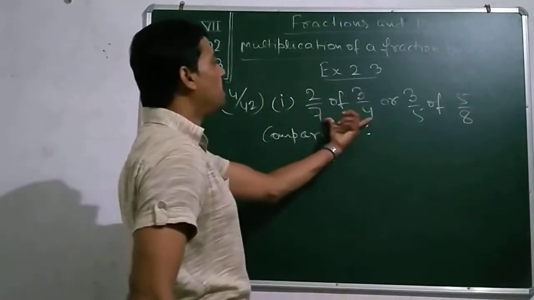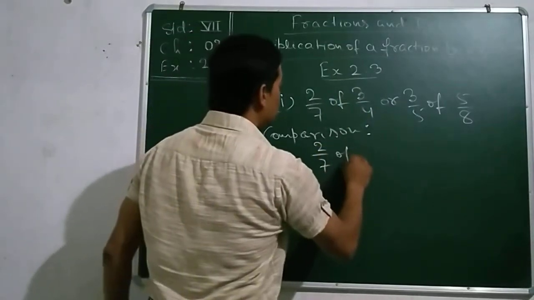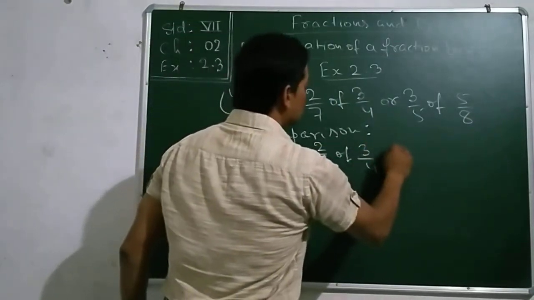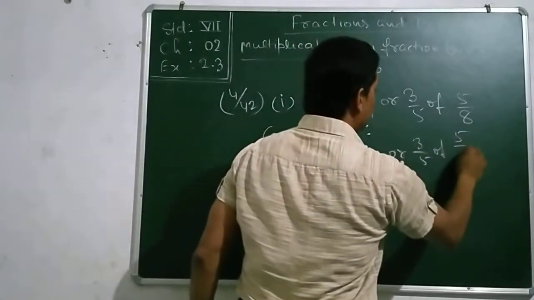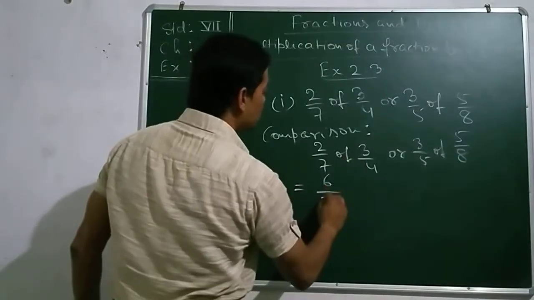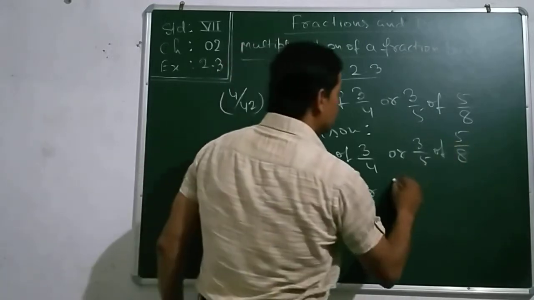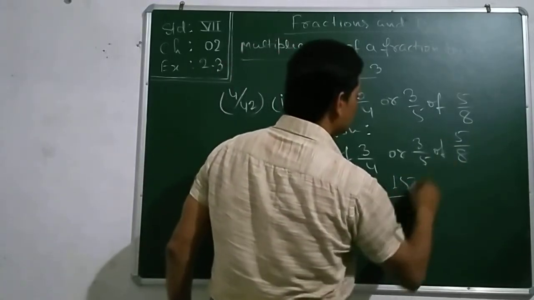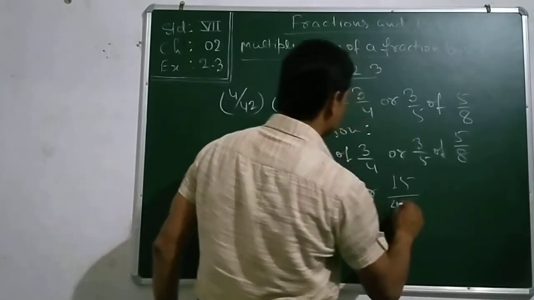So this part will result in 2 by 7 of 3 by 4, or 3 by 5 of 5 by 8, equal to 6 by 28, or 15 by 40.